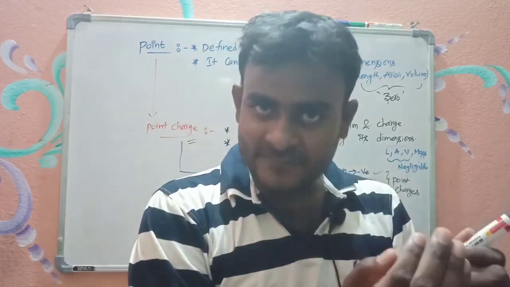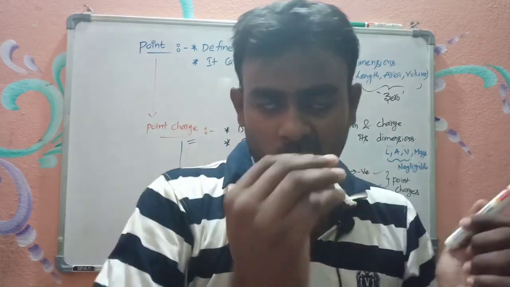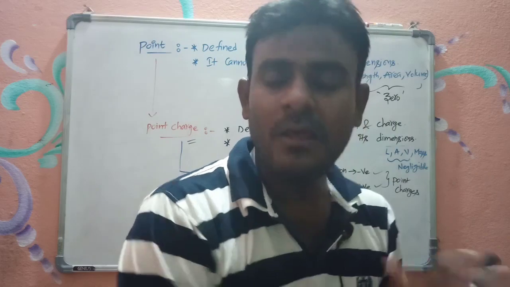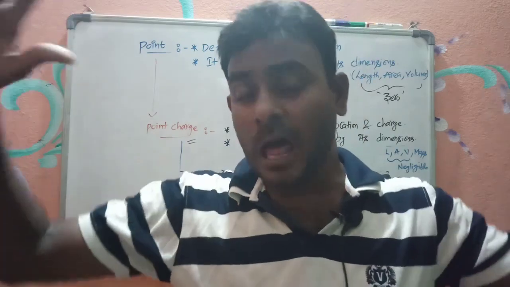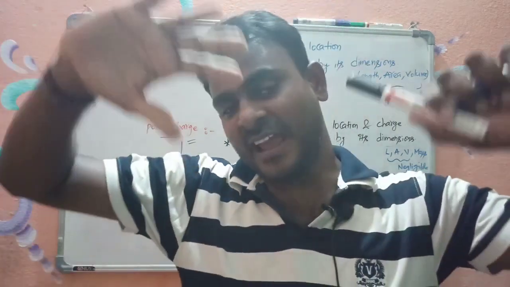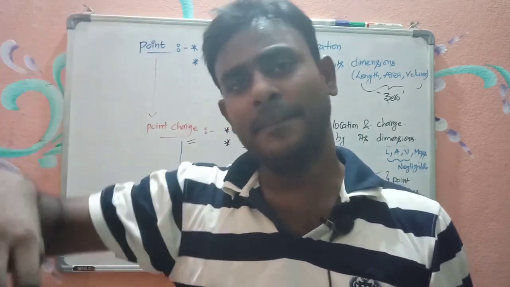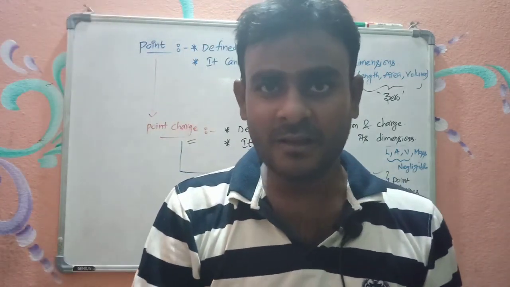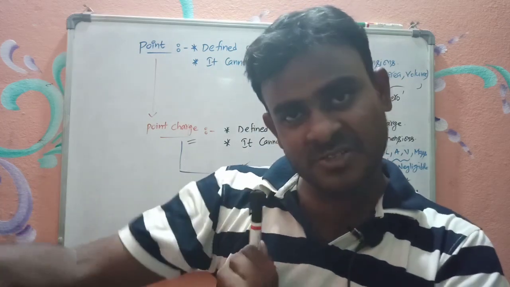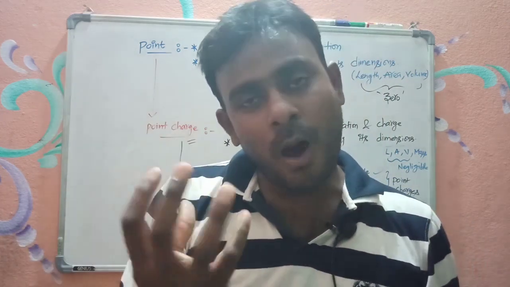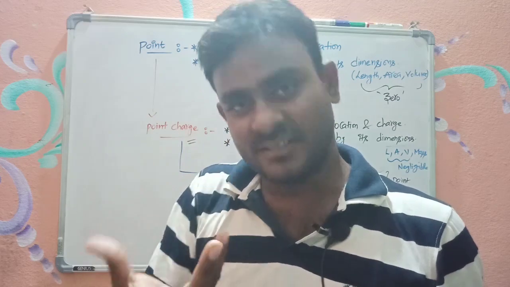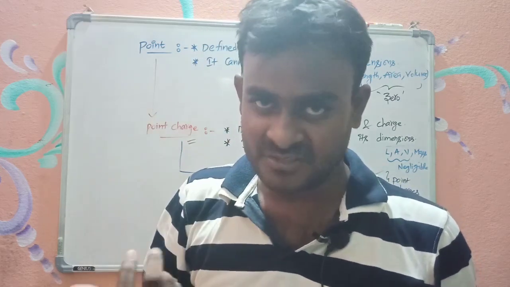See, if the electron size is assumed like a ball, the atom size will be Lal Bahadur Stadium. The size of Lal Bahadur Stadium is very much higher when compared to the size of the ball, right? So when we compare these two sizes, the ball seems like a point charge, meaning a point object.